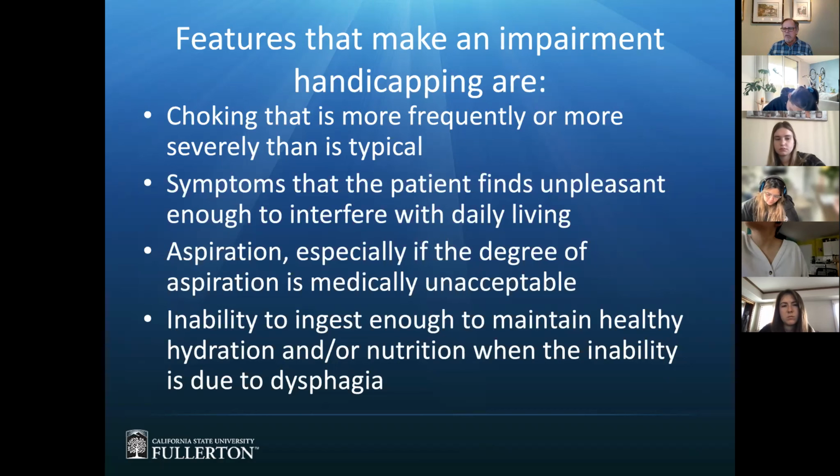I mean, there are a number of things we could do, but that's handicapping. So I've listed 4 features that make an impairment handicapping. And there might be more, but I think that's 99% of features that can make an impairment handicapping, and that we would therefore treat or manage in some way.